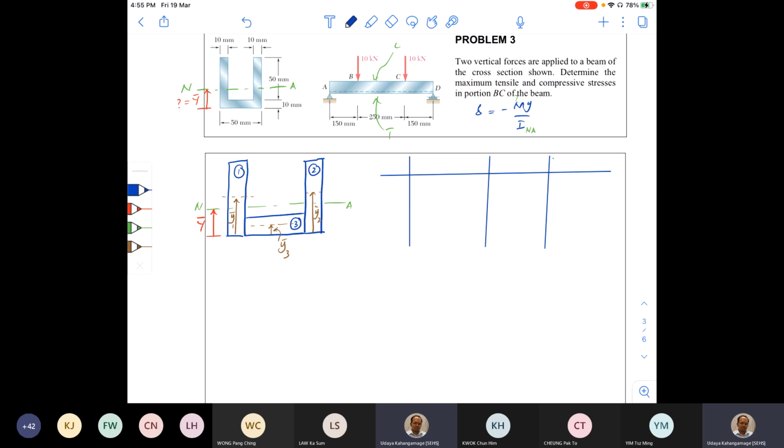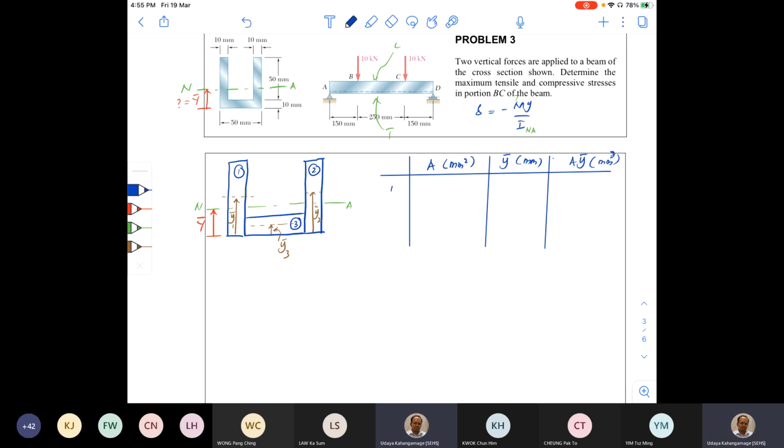So first the cross-sectional area in millimeters squared, and then Y bar in millimeters, and then I will find out the A Y bar quantity. It is in millimeter to the power 3.